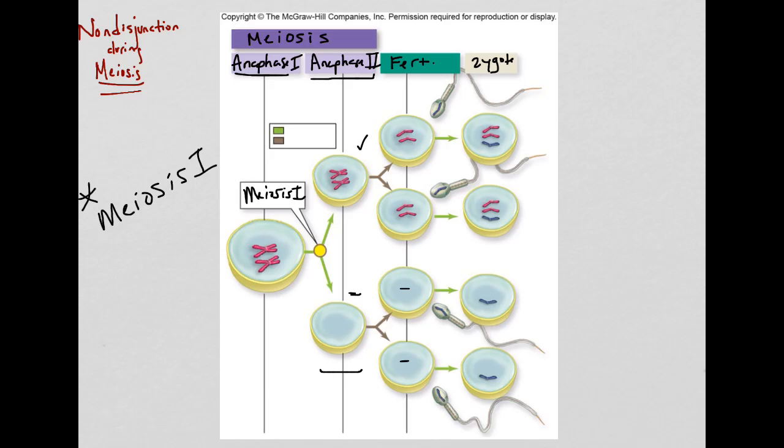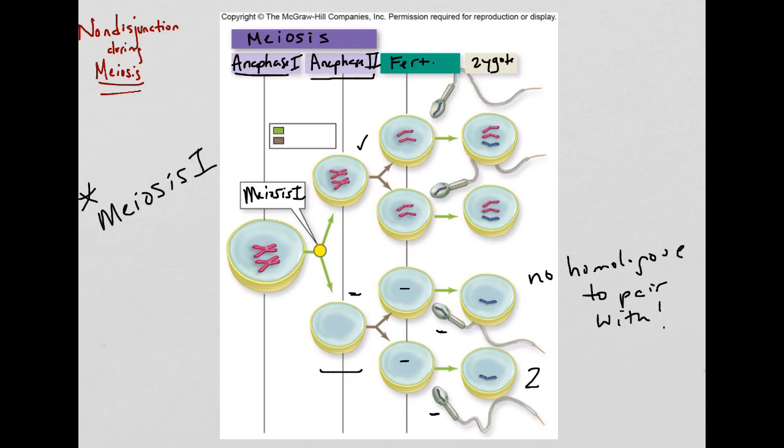And then finally, when a sperm comes along to fertilize that egg, what happens? This sperm is bringing the chromosome, and it has no homologue to pair with. So this zygote then is minus a chromosome.